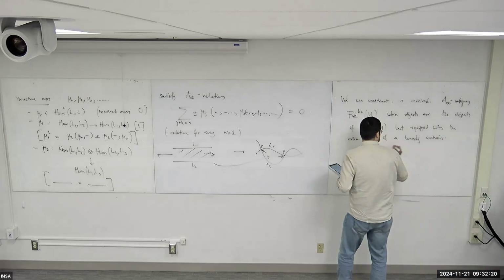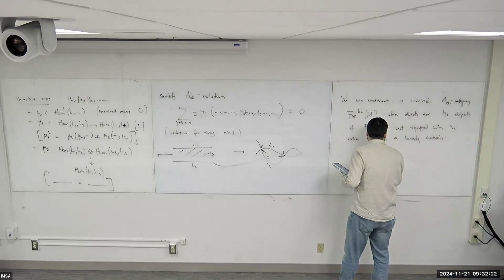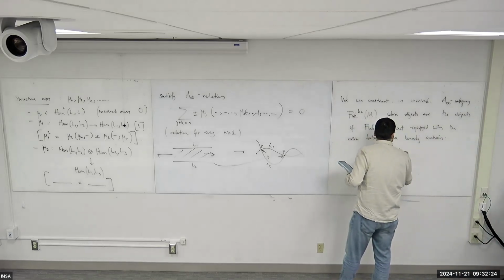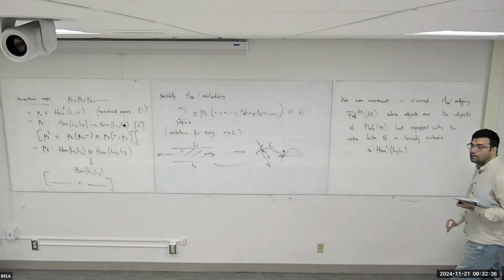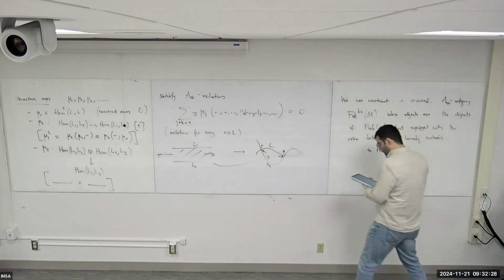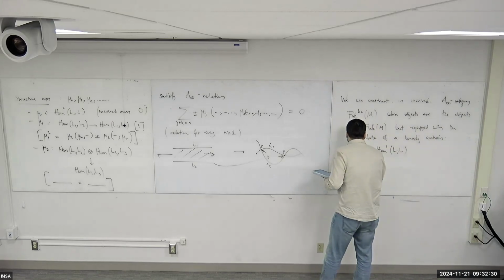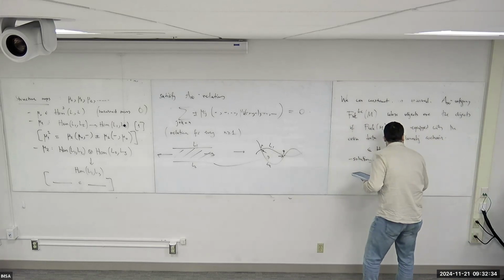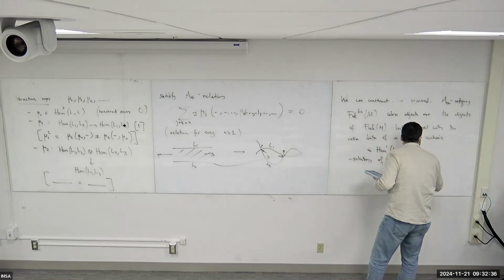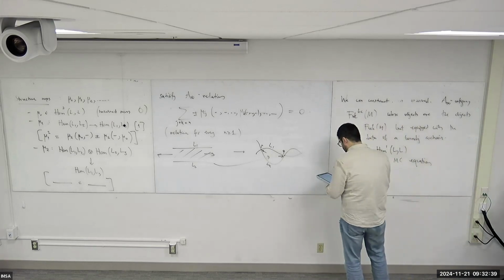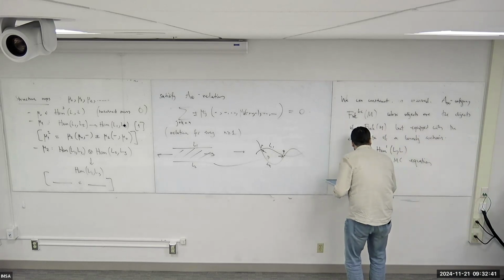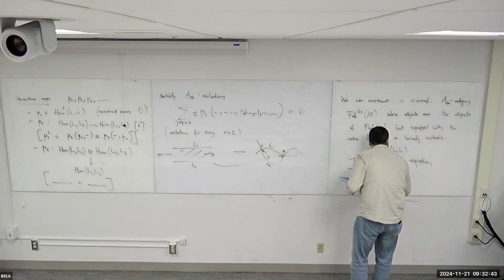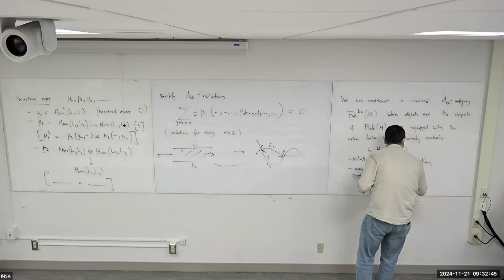So let me just write. It's an element in Hom^1(L,L). And these are solutions of the Maurer-Cartan equation, and may not exist at all.